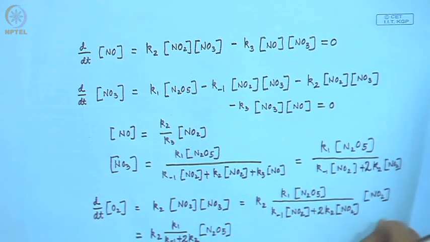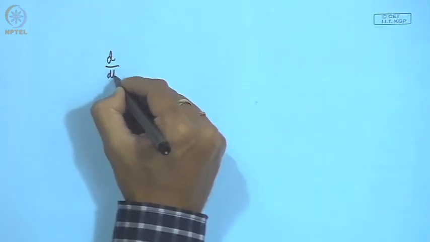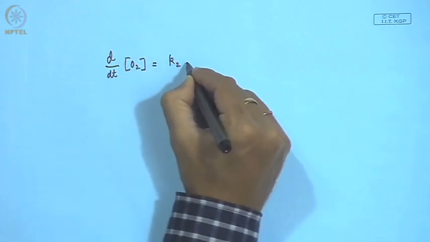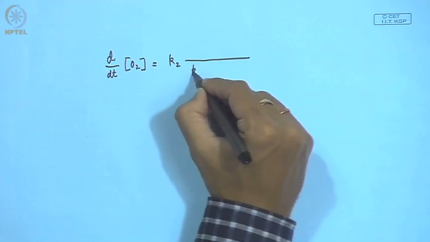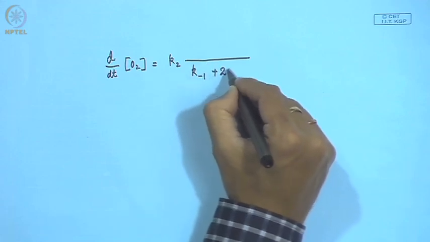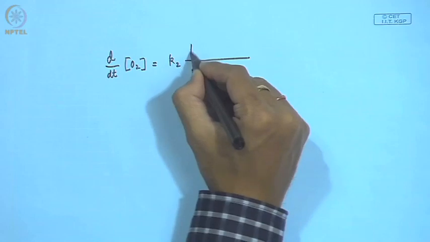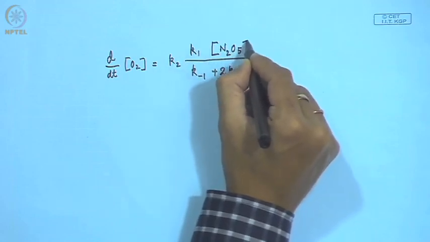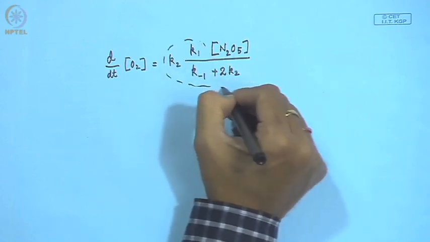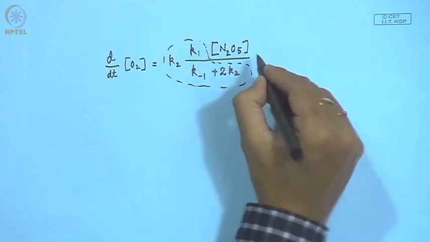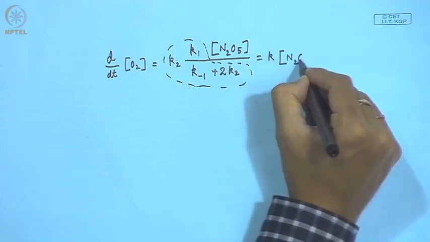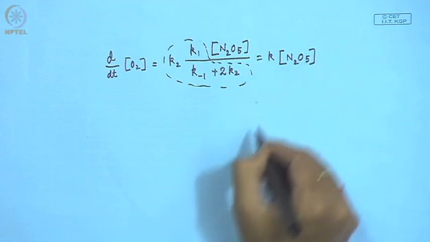So, we can write d/dt of O2 equal to K2 K1 divided by K minus 1 plus 2 K2, times N2O5. These together we can write as a constant K times N2O5.